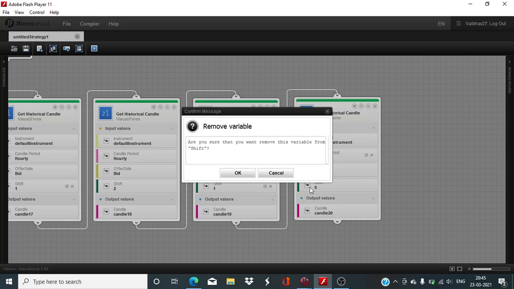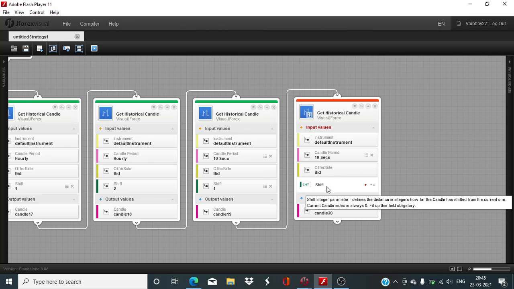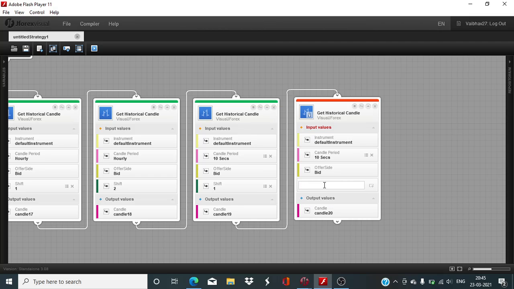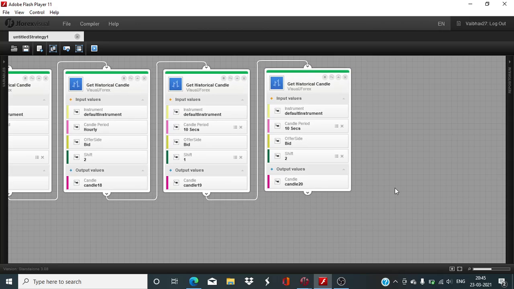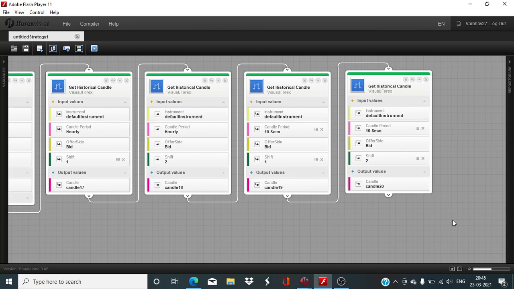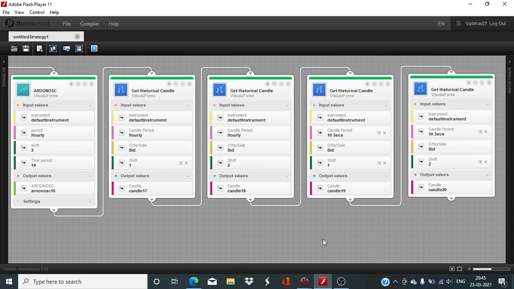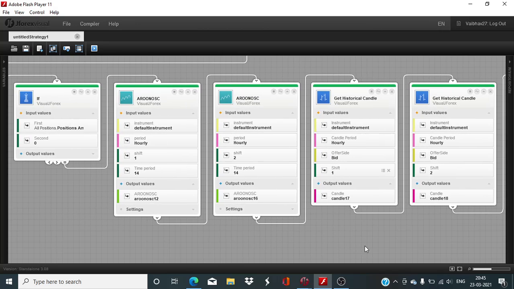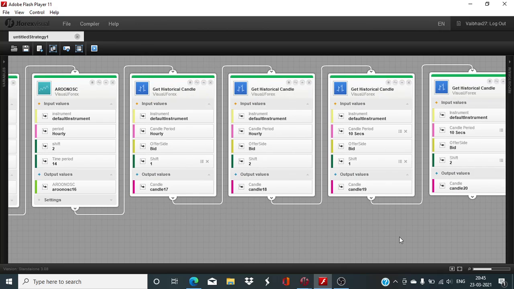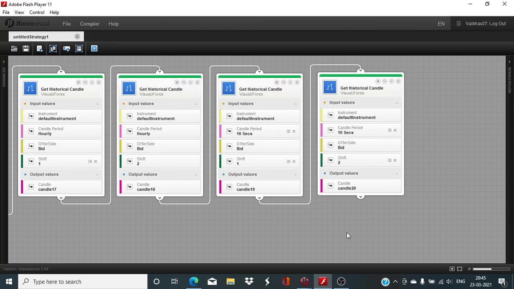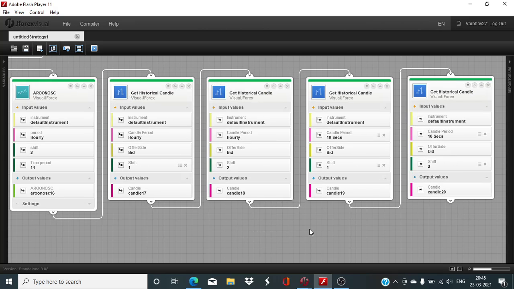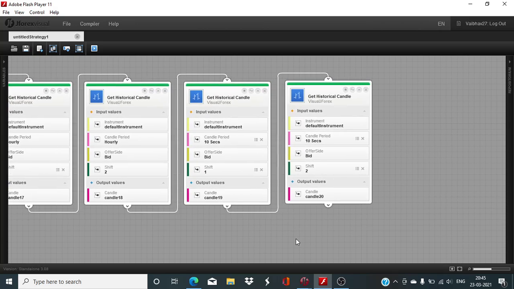And here the shift will be changed to 2. So here we have done these changes. So these are the blocks which we will use to retrieve the data to see what's happening on the chart in GBP/USD in real time.